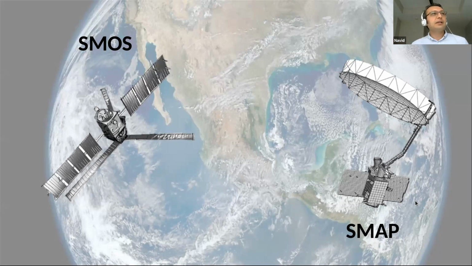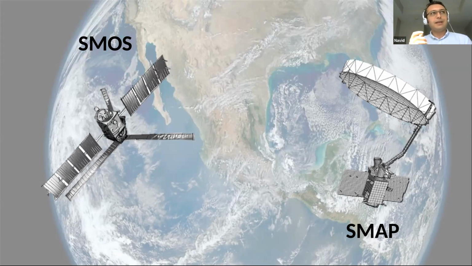These two satellites operate at 1.4 gigahertz frequency. They observe brightness temperature, essentially. Brightness temperature is the electromagnetic property of a material. And these sensors observe brightness temperature, and using other ancillary observations or data, they try to estimate the soil moisture over the globe.